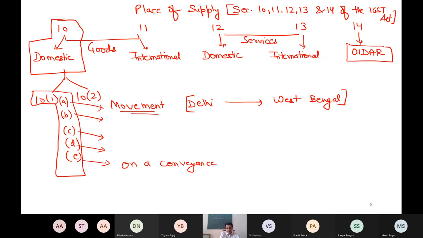Can you tell me any example where the supply of goods is so huge that movement of that finished product is not possible? Any example which can come to your mind where movement is not at all possible?